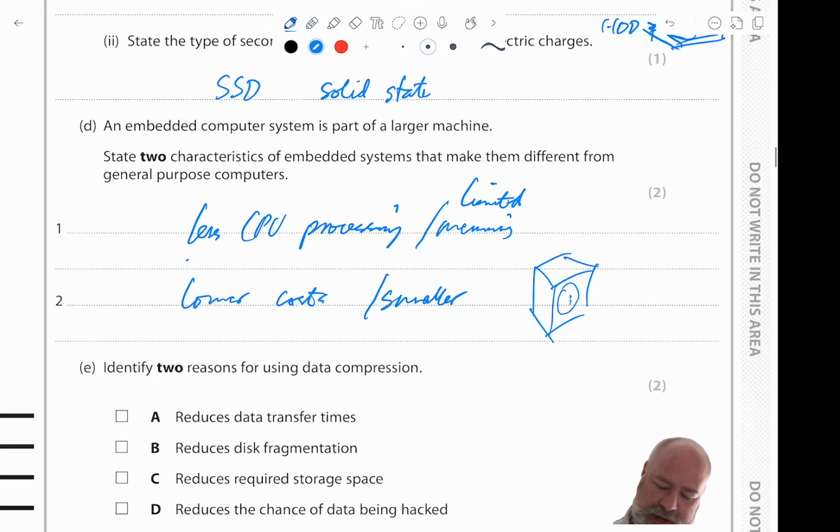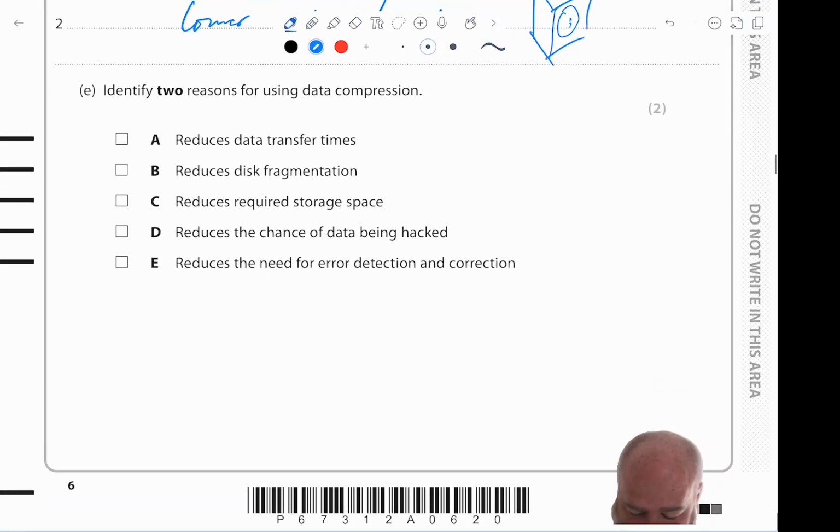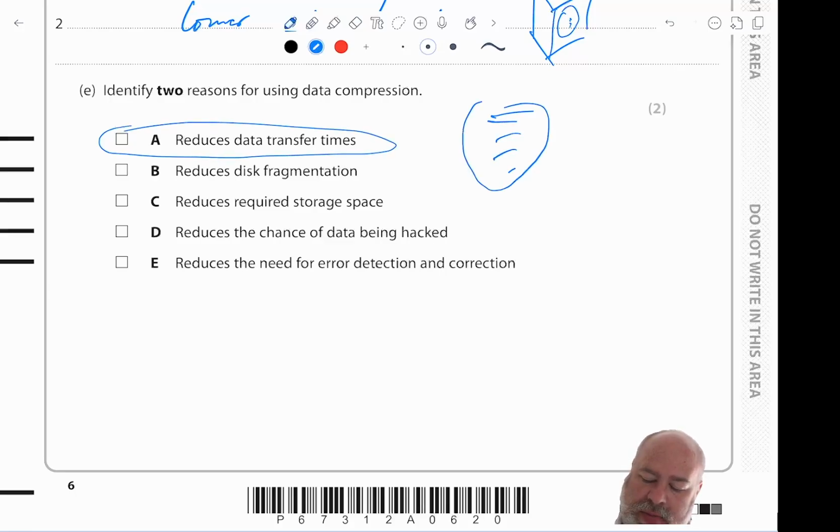All right, identify 2 reasons for data compression. Best answer, well, 2 reasons. So they reduce data transfer times when you're sending. If you have a load of files and you select them all and you compress them, let's say it's a zip, you are going to reduce the size of that.